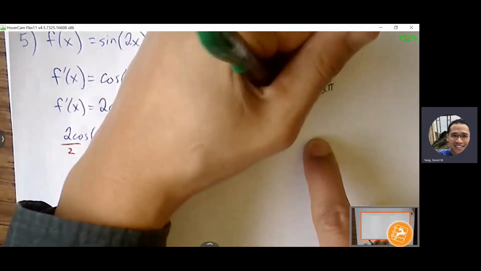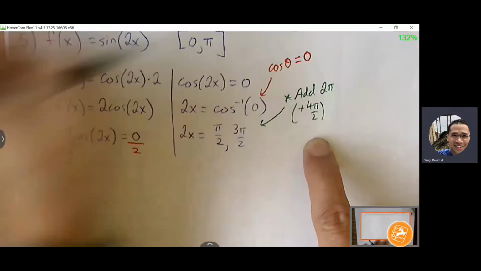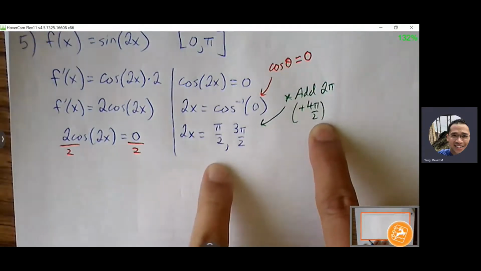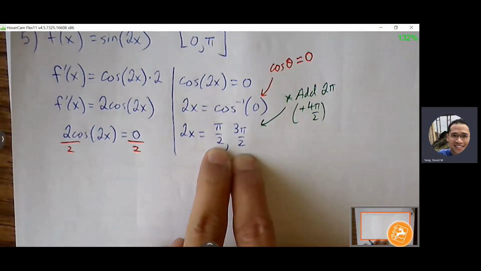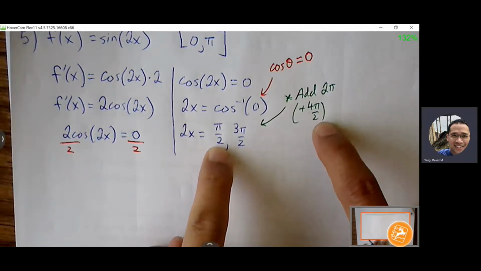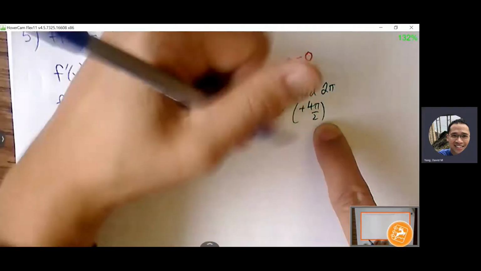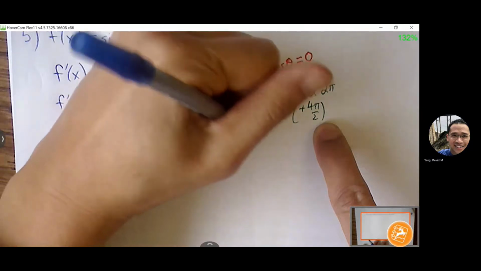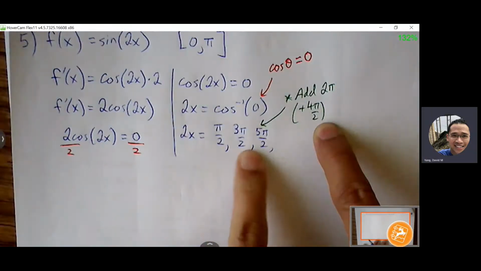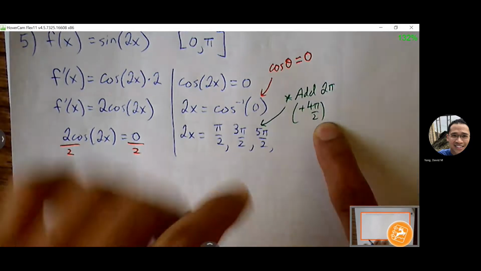So if we add 2 pi, that's another way of saying plus 4 pi over 2, just so that we can match common denominators. So if I take my initial values and add 2 pi, what's pi over 2 plus 4 pi over 2? Okay, let's keep going. What's 3 pi over 2 plus 4 pi over 2? 7 pi over 2.